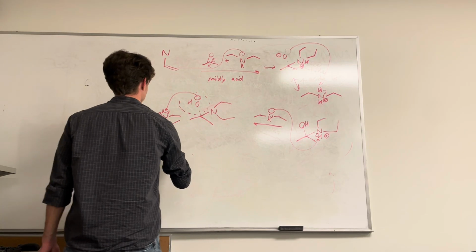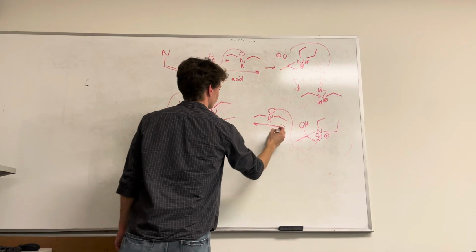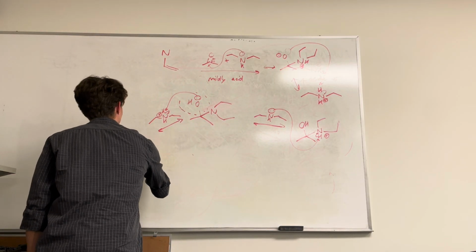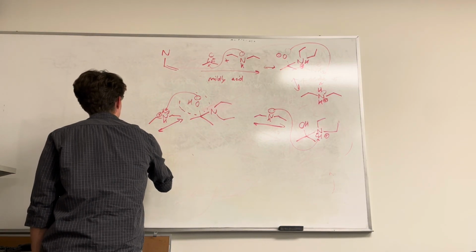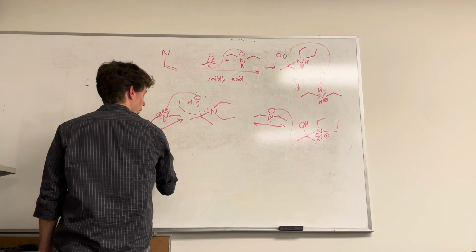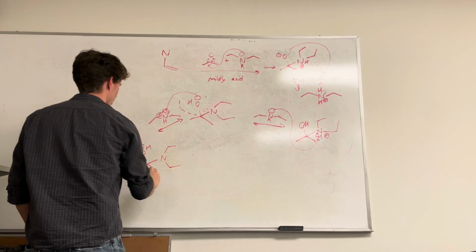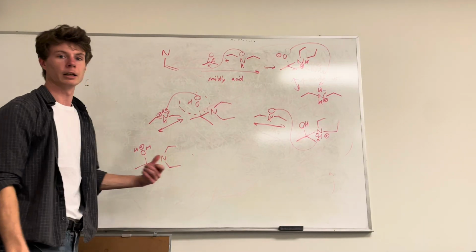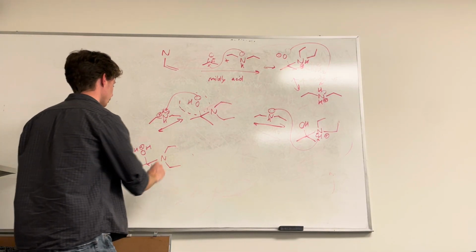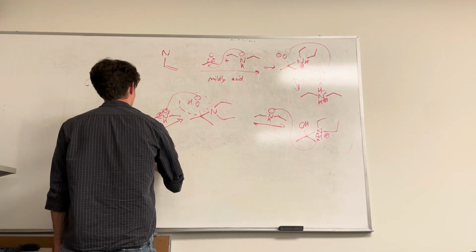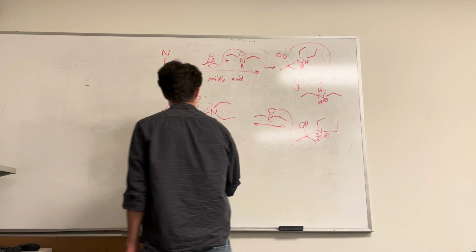Becomes water. Okay? I've made water so it could leave. How do I initiate water leaving? Okay, I need to kick it off, reform the double bond, and have water leave.